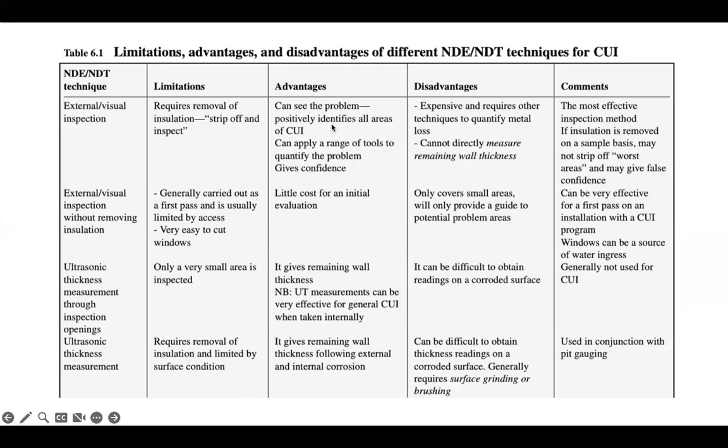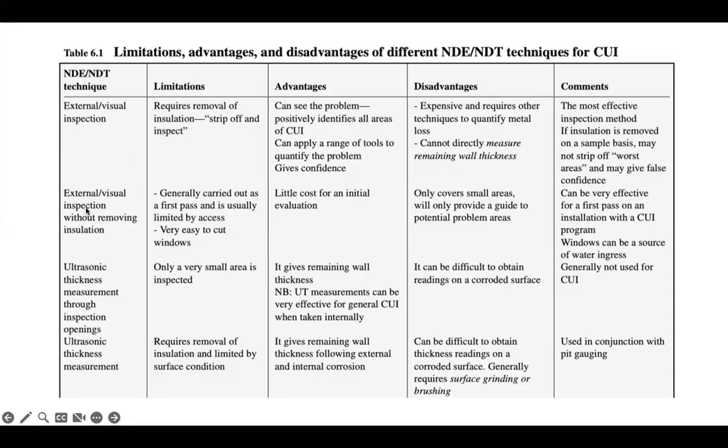It positively identifies all areas of CUI, and can apply a range of tools to quantify the problem, which gives confidence. Disadvantages: expensive, and requires other techniques to quantify metal loss. It cannot directly measure remaining wall thickness.